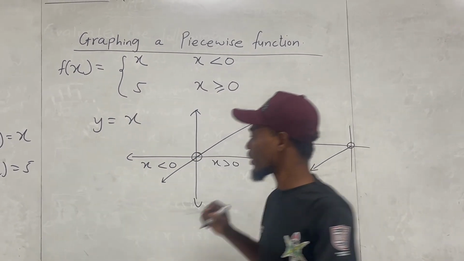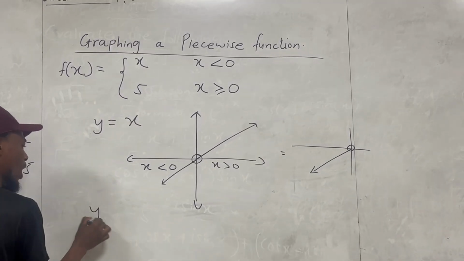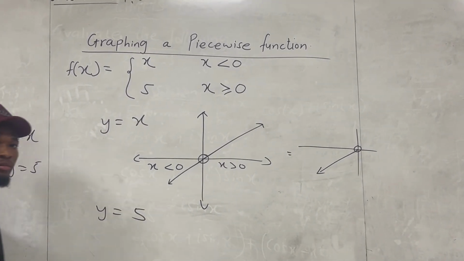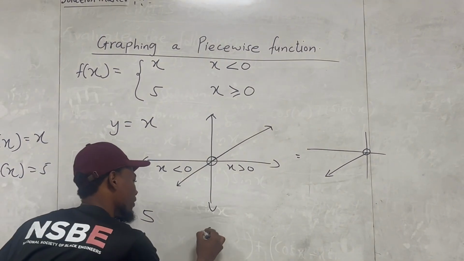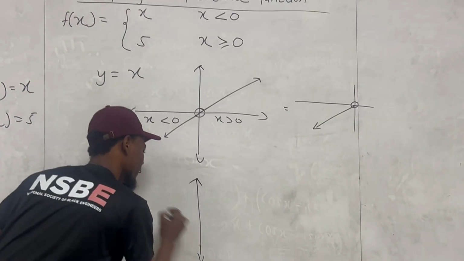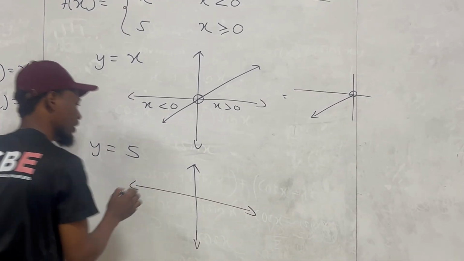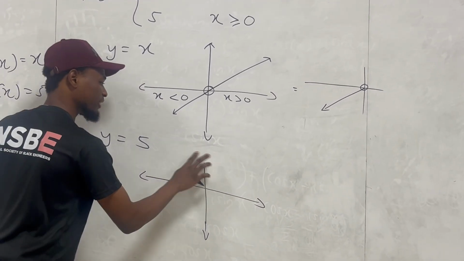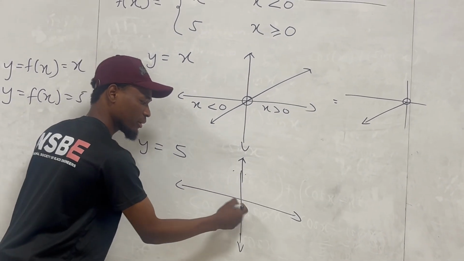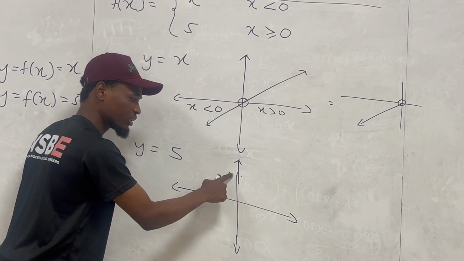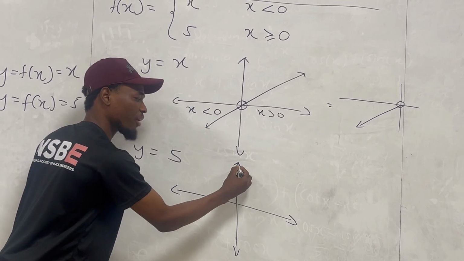Let's consider the second one. When I have y equal to 5, you just employ the same analogy. So I have the xy plane this way. If you have 0 here, 1, 2, 3, 4, and 5, so 5 will be somewhere.